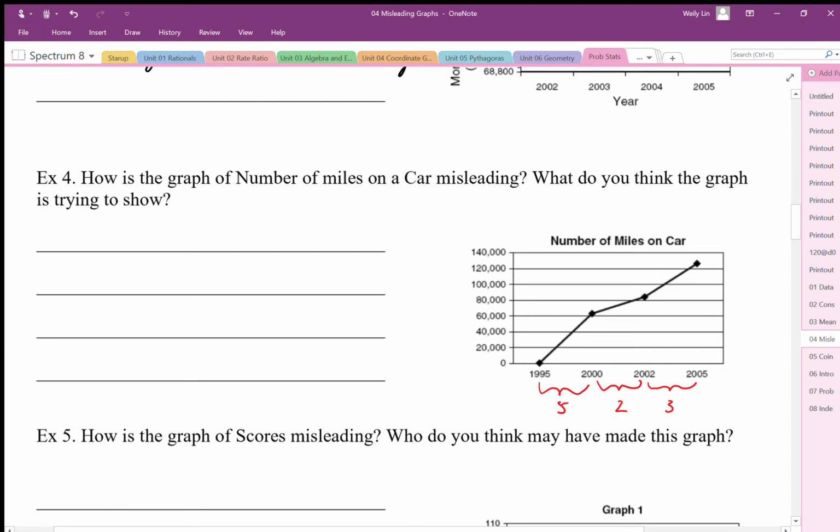So what's actually happening is, it looks like there are quite a few miles in the first 5 years, but after that, because of the spacing here, the amount of miles is increasing differently than what maybe it's suggesting when we compare the slopes here and here. Okay, so in this case here, the scale on the x-axis is inconsistent.